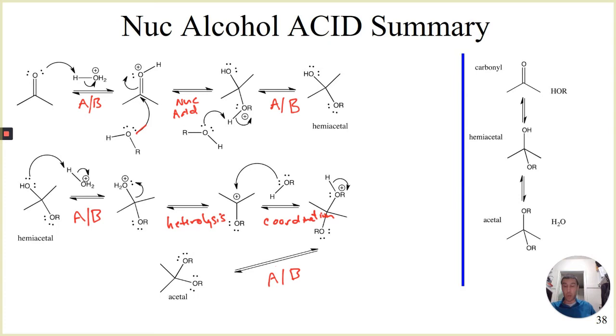If we switch this to basic conditions, we're looking at something accepting a hydrogen, which means our species had to have a negative charge. So a common pattern that we'll see in our base catalyzed reactions is negative charges popping up. If you're running base and you see acid or positives, you probably did something wrong. If you're running acid and you see negative, you probably did something wrong, okay, as far as your mechanism goes.